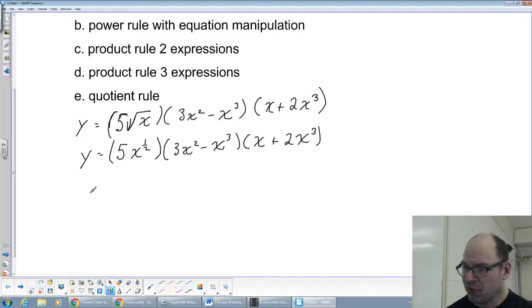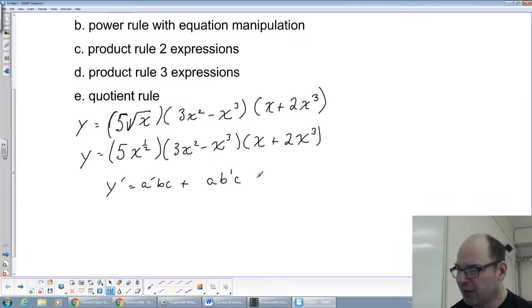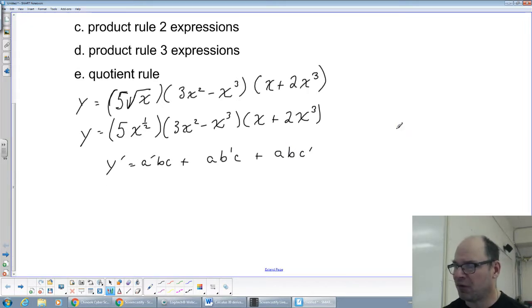So if we said this was A, B, and C, we could go y prime equals A prime B, C plus A, B prime, C plus A, B, C prime. So that's my product rule that I'm going to follow here.